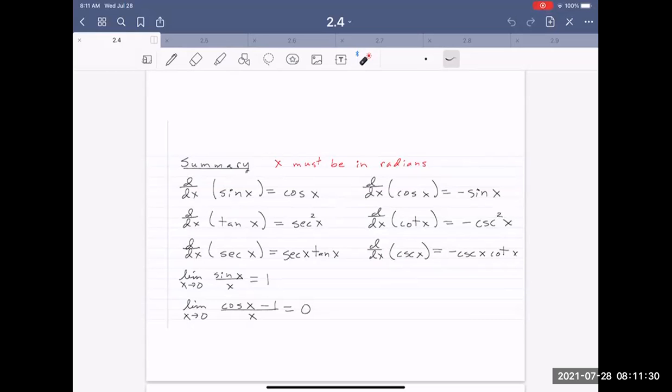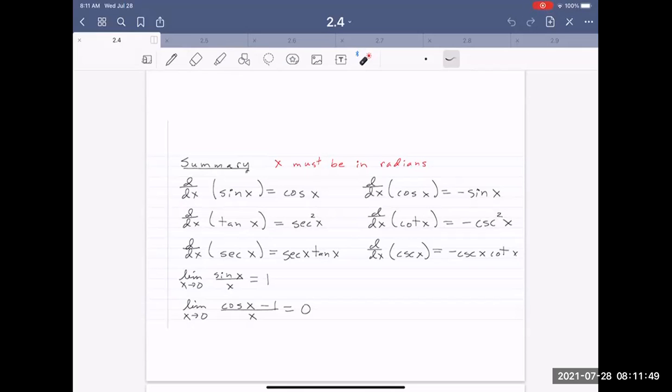So you really just have to memorize these 3. I've narrowed it down so you don't have to memorize nearly as many things as you thought you would need to.